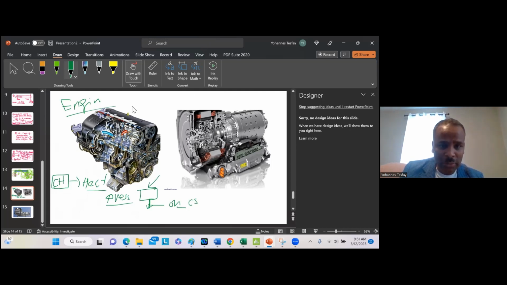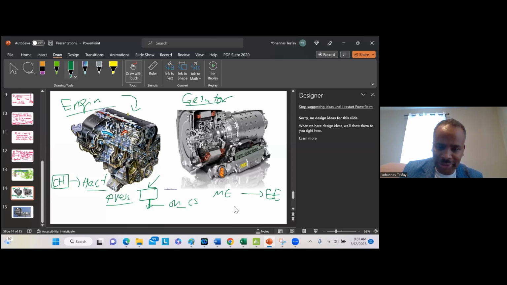So now, here is a generator. What does a generator do? A generator just converts mechanical energy to electrical energy, you see, electrical energy. Where does this mechanical energy come from?